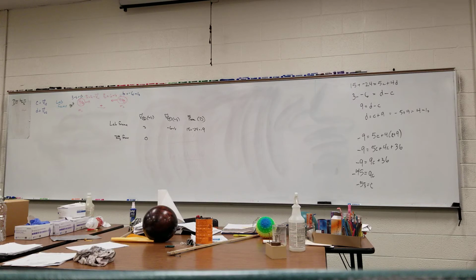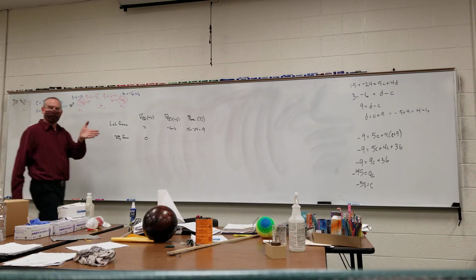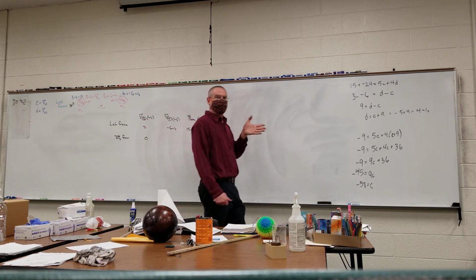So would it only be like negative 3 meters per second in that direction? It would not be negative 3. All right, so let's think about it from a different point of view. Right now, in the lab frame, it's coming towards me at 6 meters per second. If I start moving towards it, is it going to be moving faster or slower than 6?